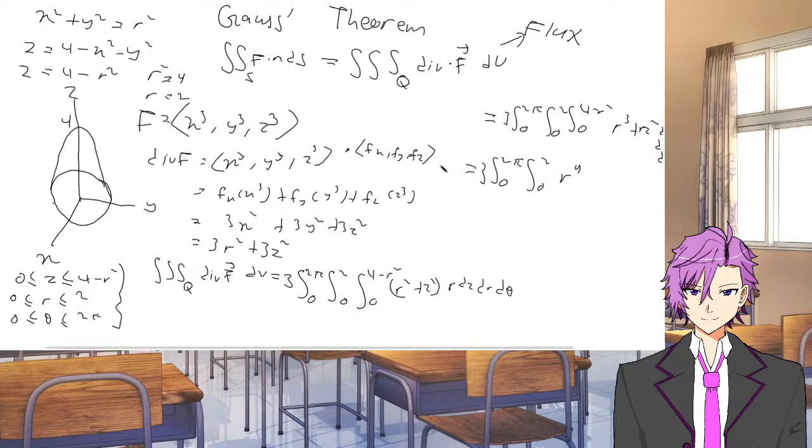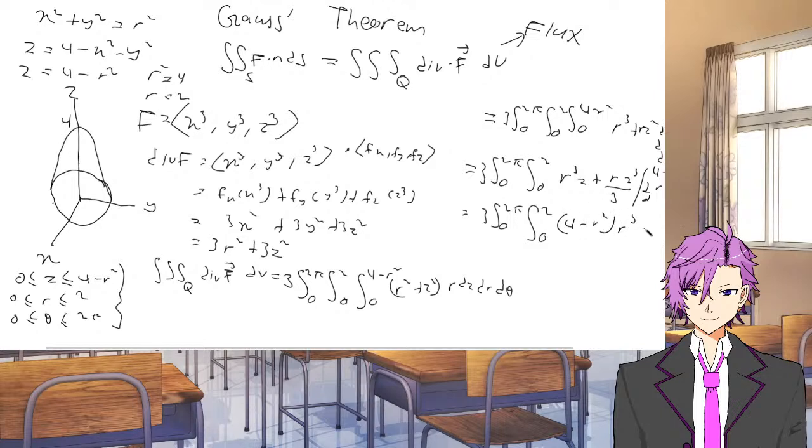So, okay, r cubed z plus r z cubed over 3, dr d theta, from 0 to 4 minus r squared. This is going to be a bit rough. But I think I'll leave the integral details to you because it's pretty long.